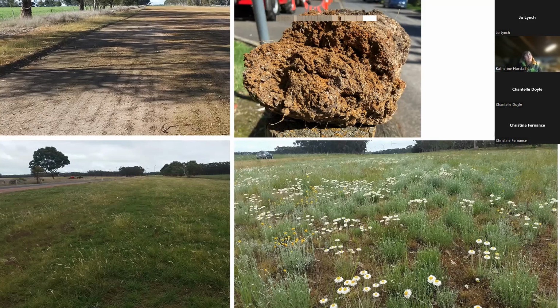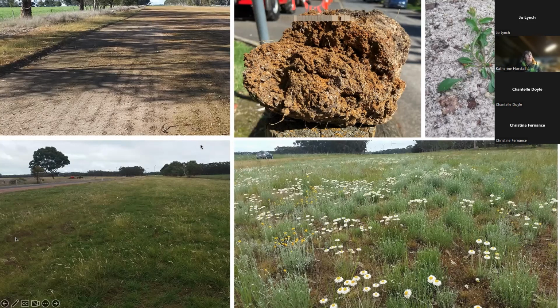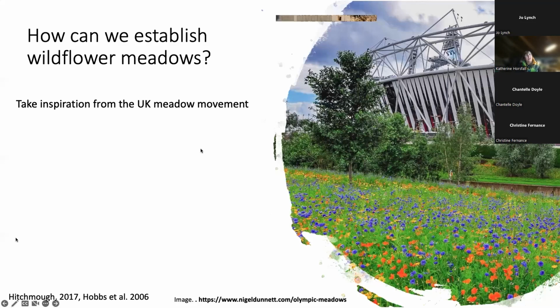So one approach we might take is to build up upon the existing site profile with a nutrient poor substrate, such as a subsoil, which is that clod pictured at the top, which is also happily a waste product of the urban development world, or sand. And sand is an idea that's been explored in very much a horticultural tradition in the UK meadow movement.